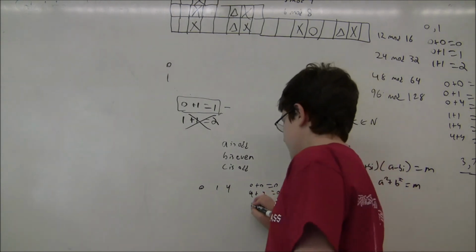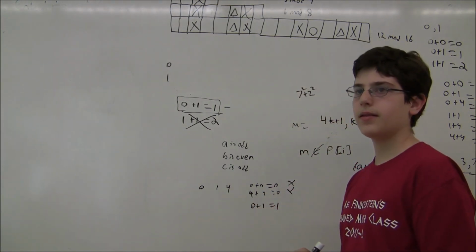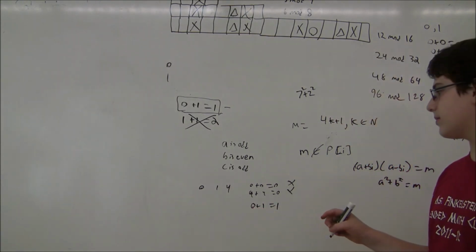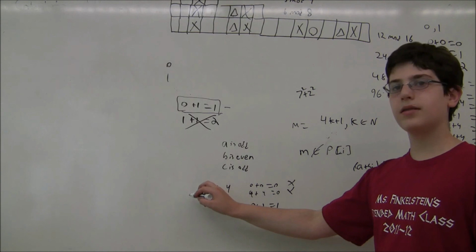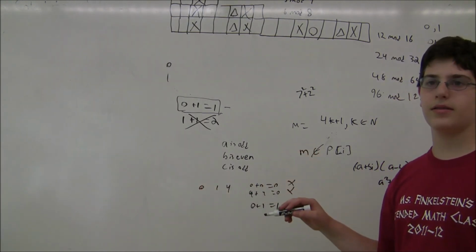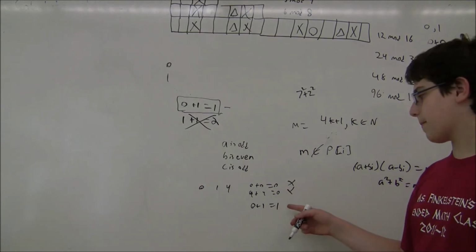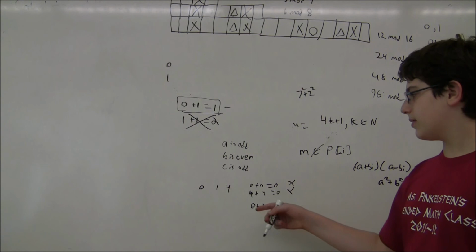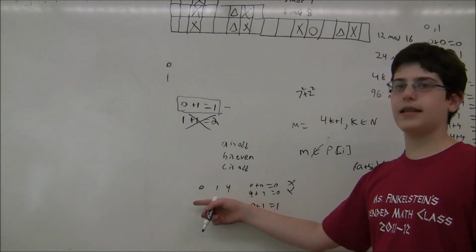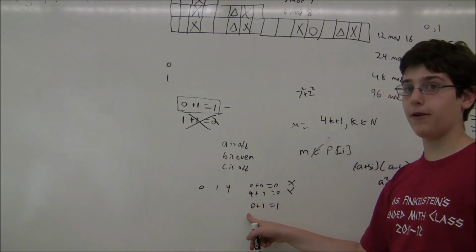The only way to do it is 0 plus 1 equals 1. So any odd is 1. Anything that's 2 mod 4 will give you a 4; 2 and 6 give 4. Anything 0 mod 4 gives the 0. So you know that actually B has to be divisible by 4, not just 2.